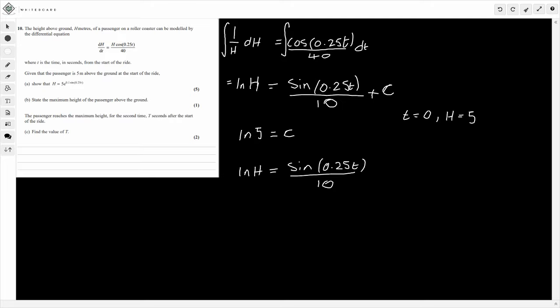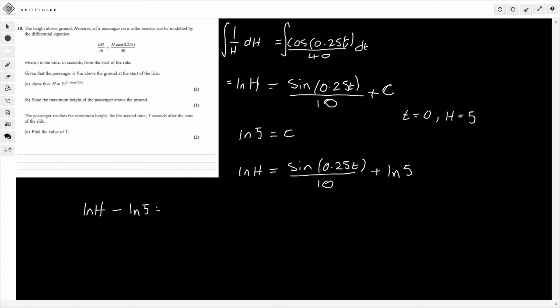So this is going to be plus ln 5, because we've already worked out that c is equal to ln 5. Now what we need to do is just simplify this using the rules of logs. So to simplify this now, we need to take the ln 5 across to the ln h. So that's going to be ln h minus ln 5.